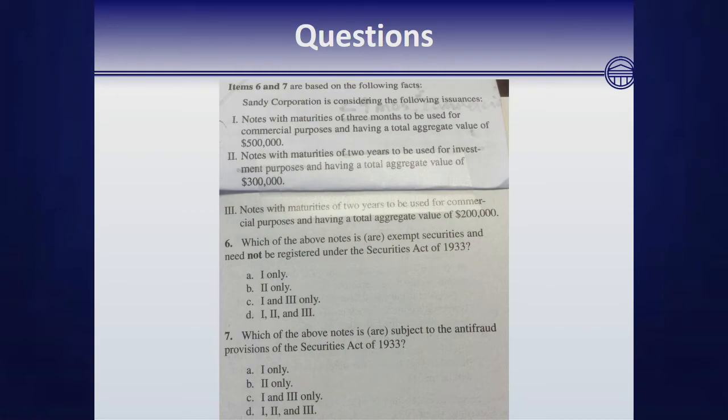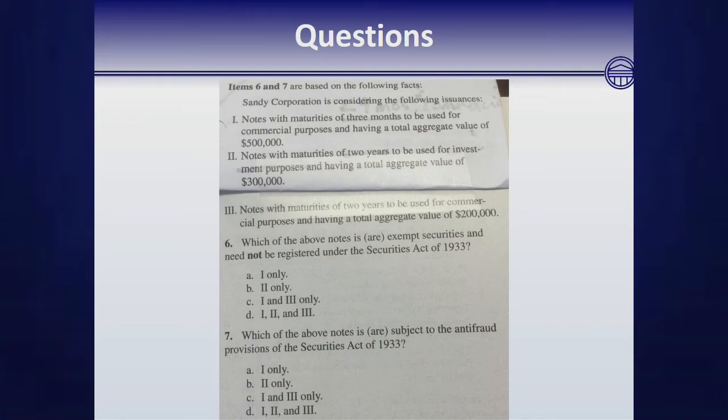And 3, notes with maturities of 2 years to be used for commercial purposes and having a total aggregate value of $200,000. Which of the above notes is or are exempt securities and need not be registered under the Securities Act of 1933?